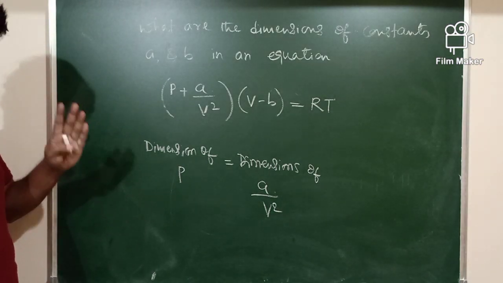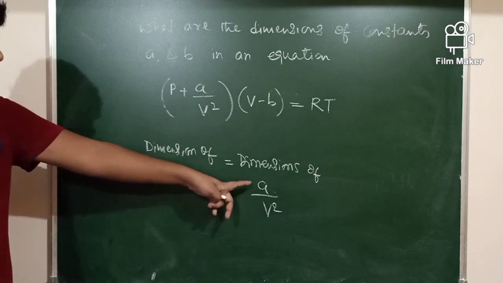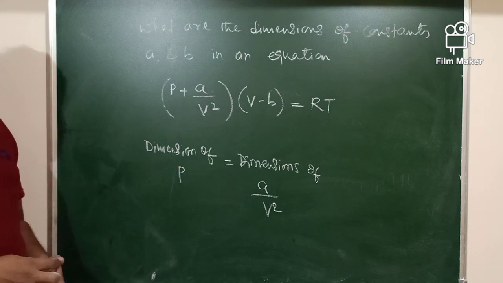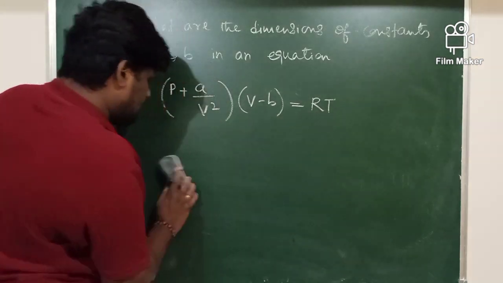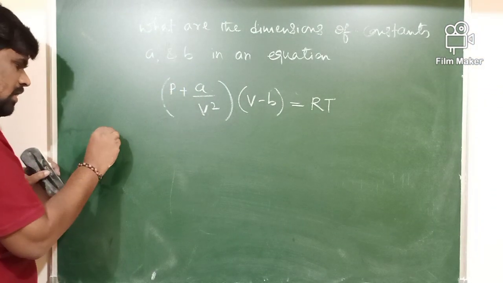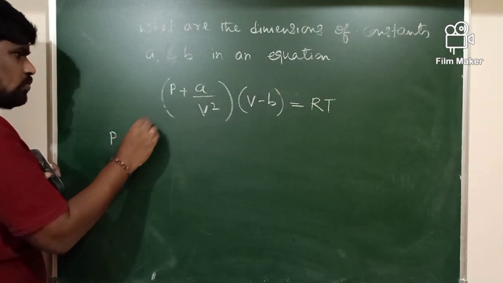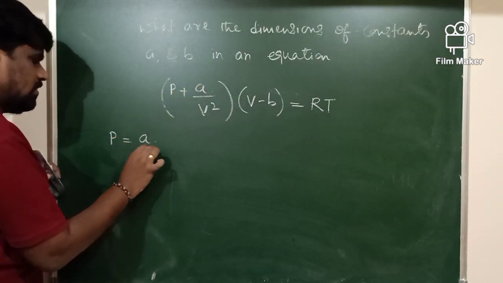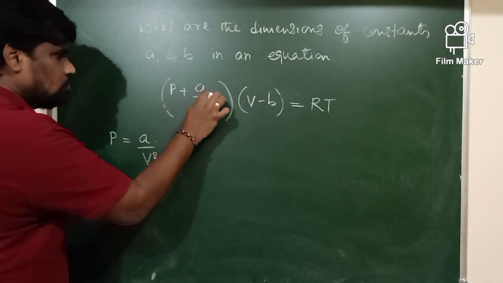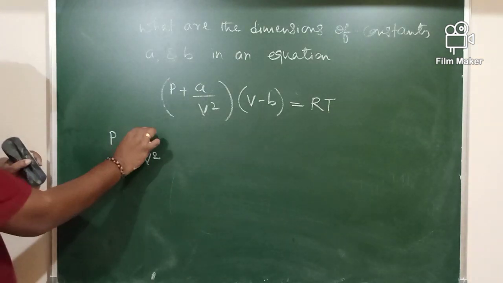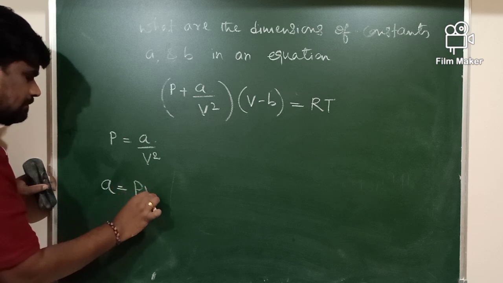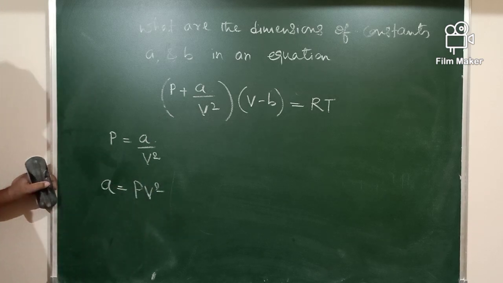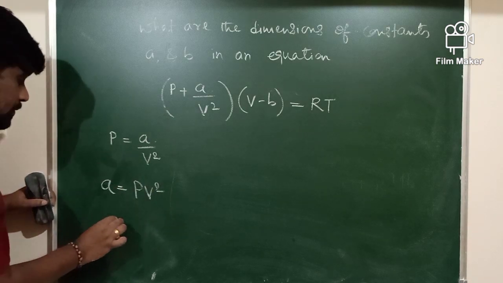So this is enough for us to determine the dimensional formula of the first constant, that is A here. ಅಂದ್ರೆ dimensionally ಏನಾಯ್ತು ಇಲ್ಲಿ? Dimensionally P is equal to A by V square, because these two terms are added here. Therefore, what is A? A is equal to PV square. Dimensionally A is equal to PV square.